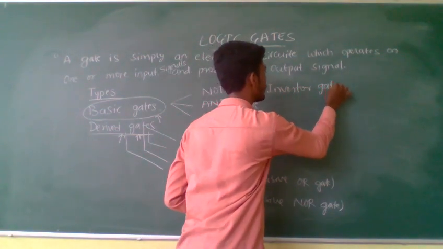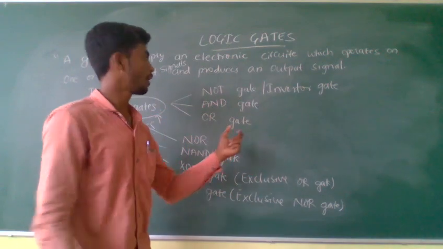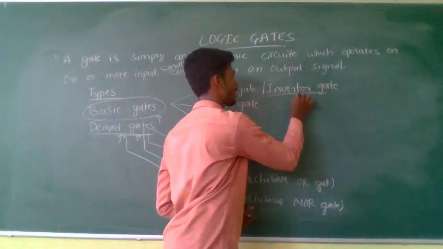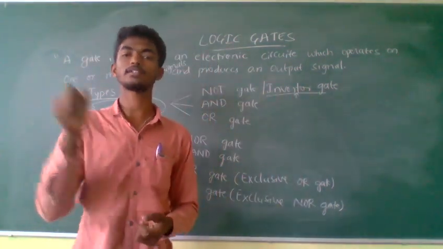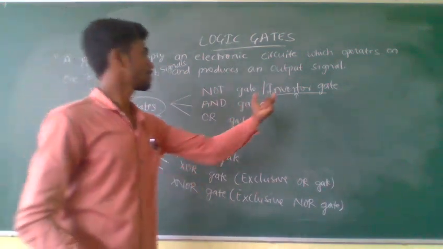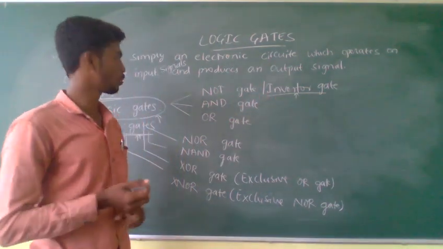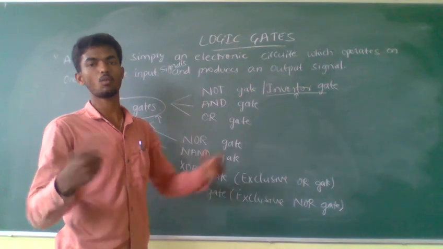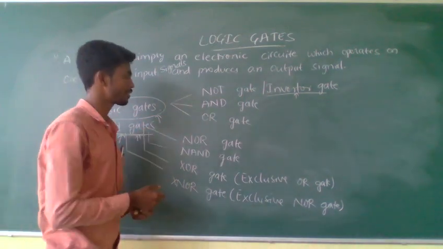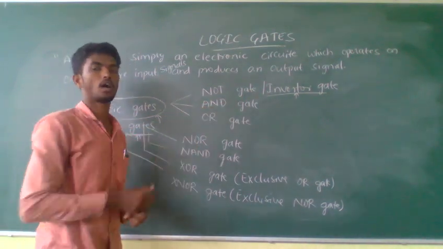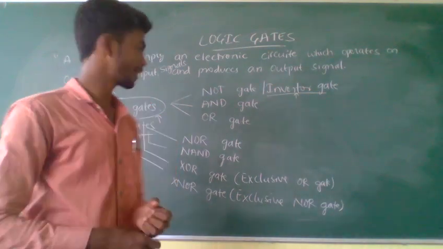It is another name for the NOT gate. Many times in examinations they ask what is the other name for the NOT gate. It is the inverter gate, and I will tell you the reason why in further classes. NOT gate, AND gate, and OR gate are the basic gates.